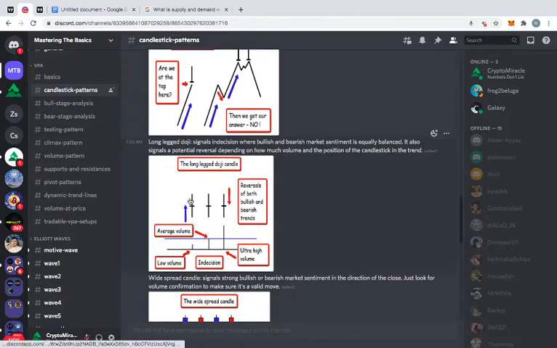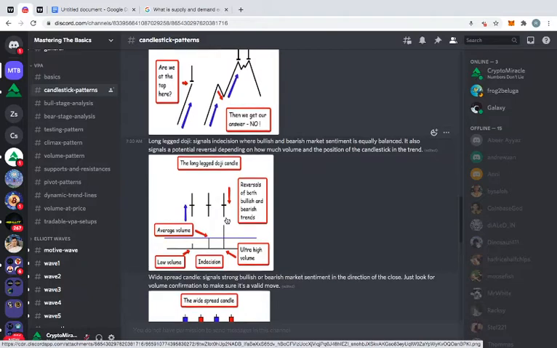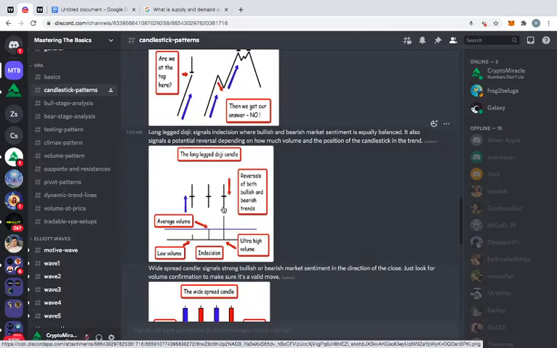So the long legs doji is basically the same type of deal here with the volume. So low volume, indecision, ultra volume. When there's a lot of volume, this is where you know that there's going to be a lot of traps, or people in the market either interested or trapped. All right, so they actually want it or they're trapped.